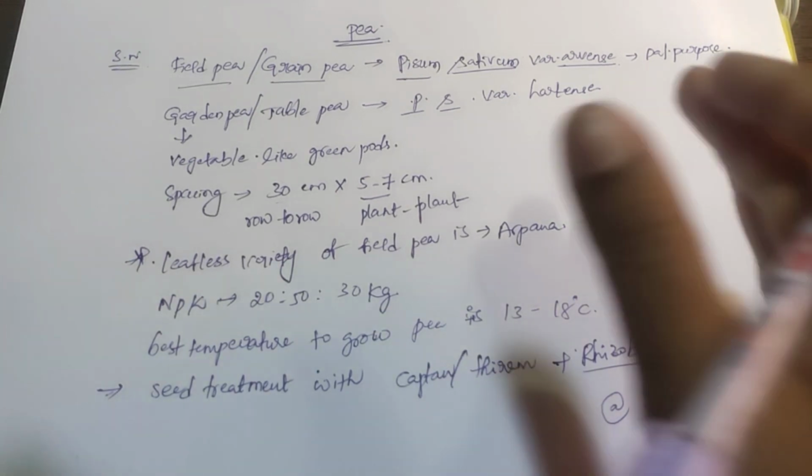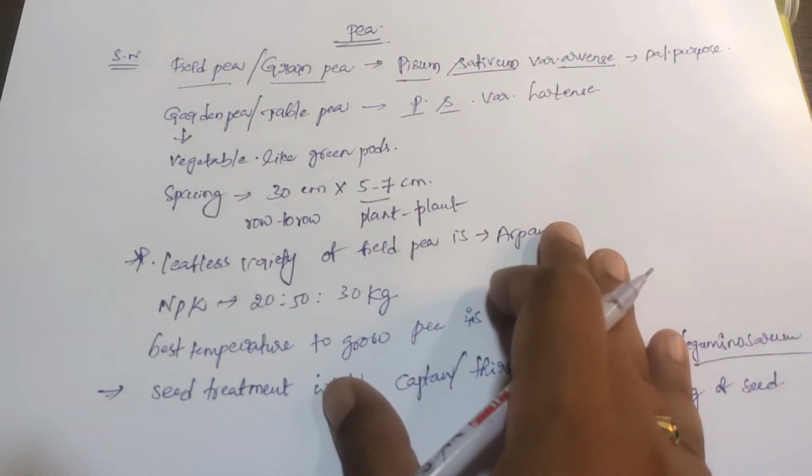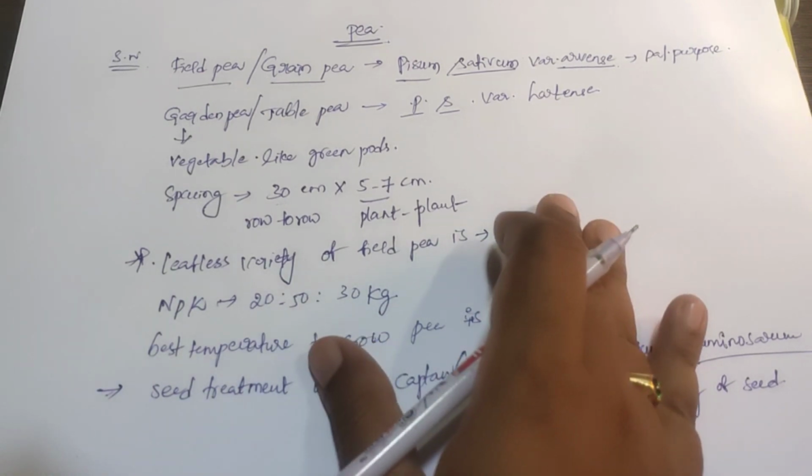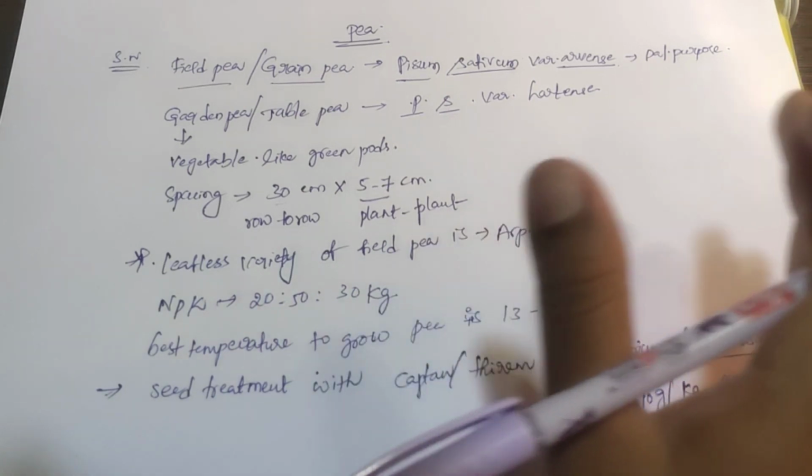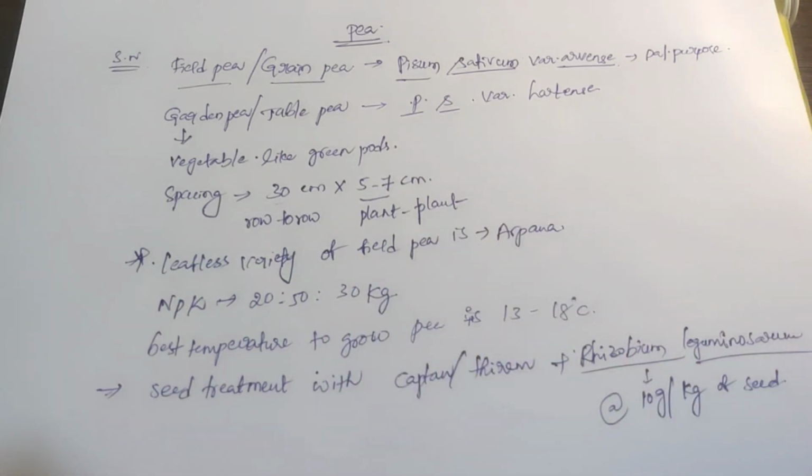This is the important content regarding pea. Please note down each and every point I am discussing about all the crops because I am discussing very important content of the crops. This will be very useful for your future purpose.